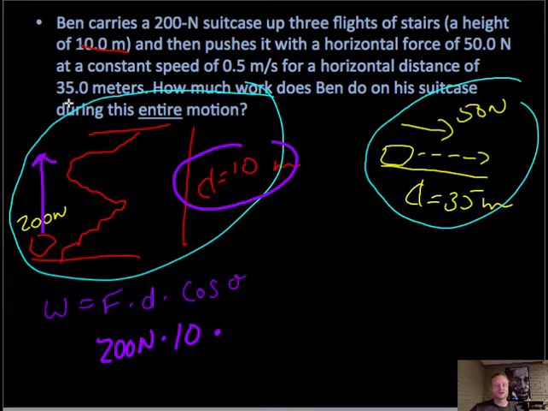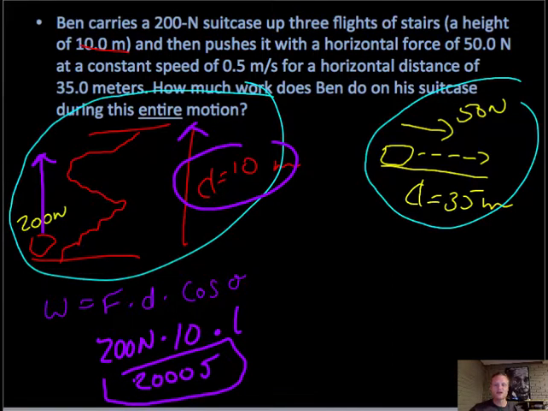You're going to have to apply a force straight up to move this suitcase in that direction, and the displacement is also straight up. So the displacement and the force are in the same direction, so the cosine of 0 degrees is 1. So 200 times 10 times 1 is 2,000 joules. That's how much work is required to do this portion of the problem.